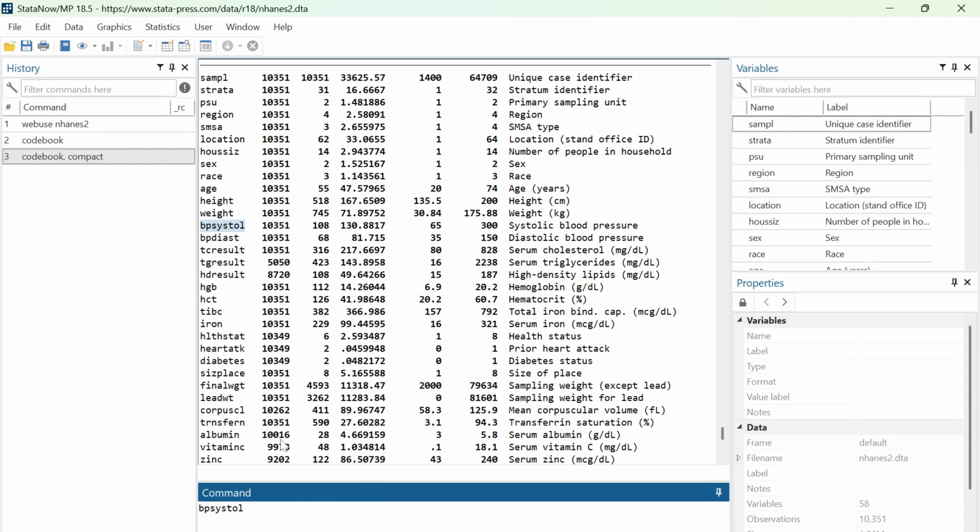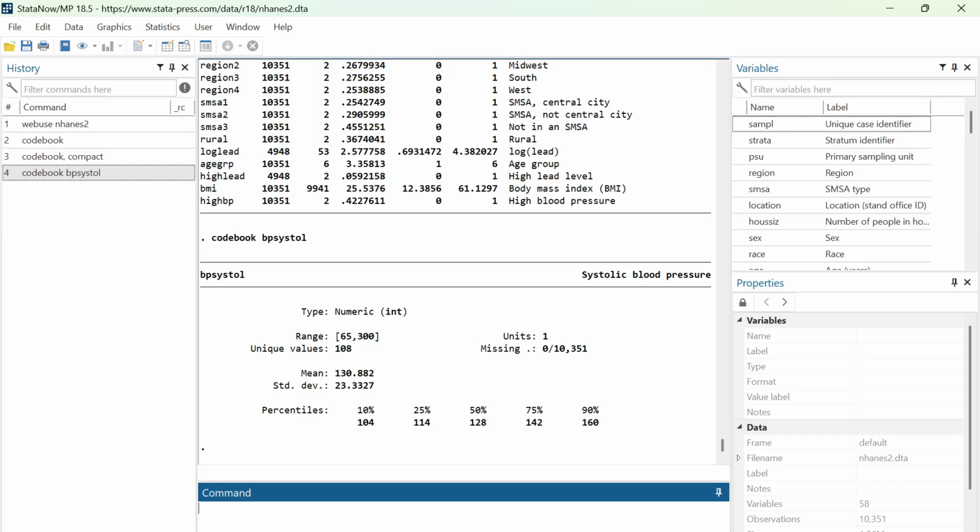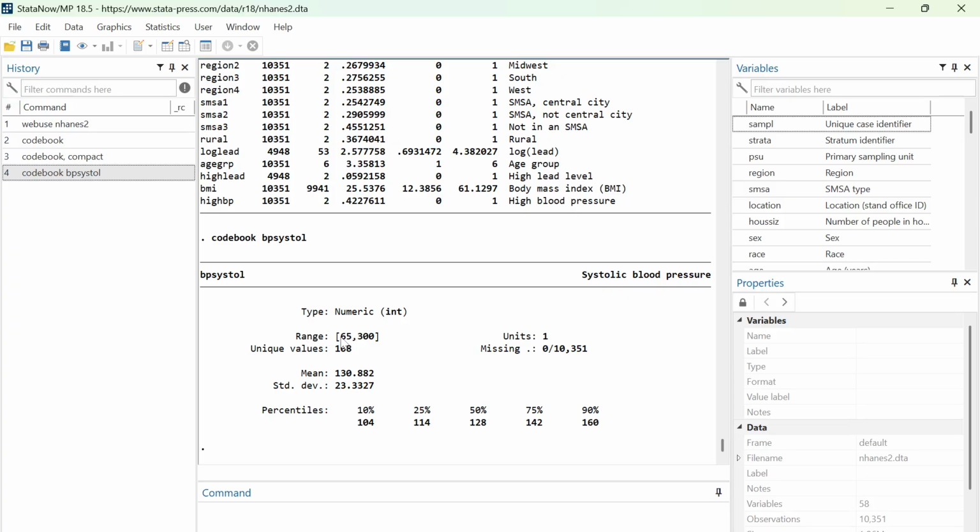From here, you get some basic information, but if you use the codebook command and specify the name of the variable, then you have a better idea about the specifics of this variable. So BP systole means systolic blood pressure. And this is a numeric variable. As you can see, the range is from 65 to 300.